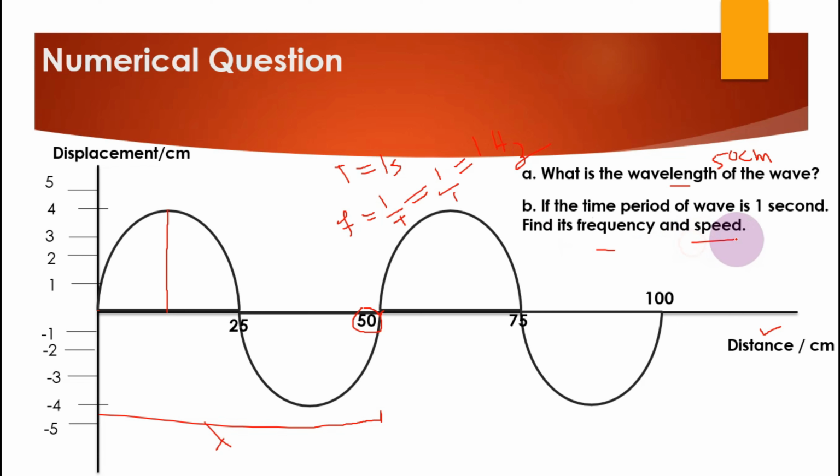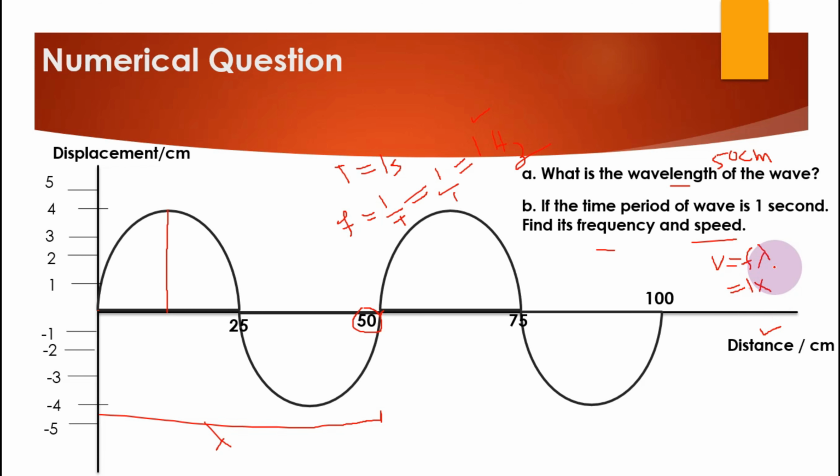What is the speed of the wave? Speed is equal to f lambda. So it is f and there is lambda. What is the frequency? That is 1 hertz. So here we replace this frequency with 1. And what is the wavelength?